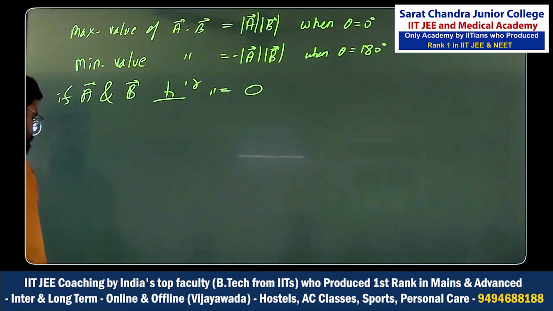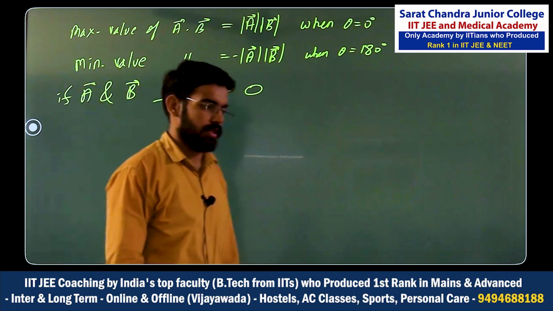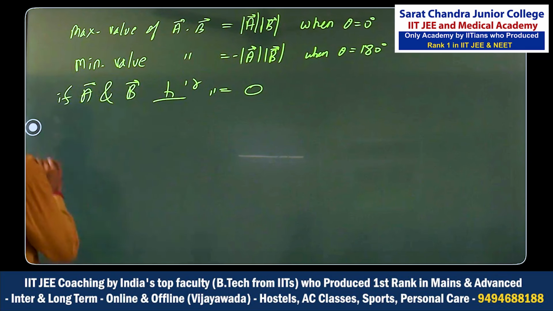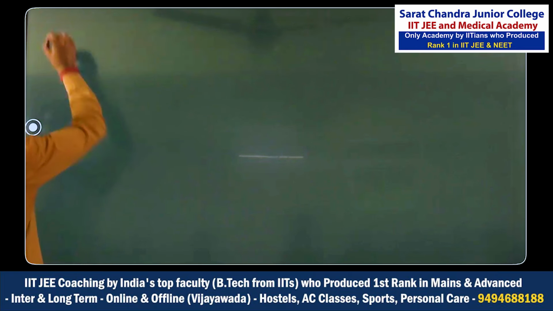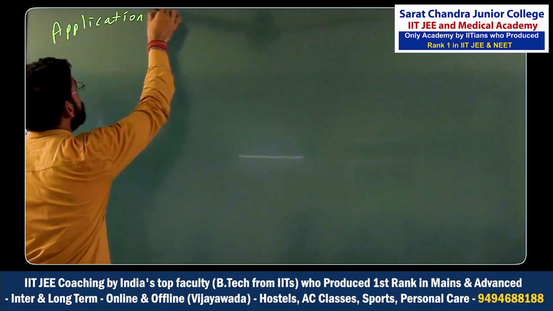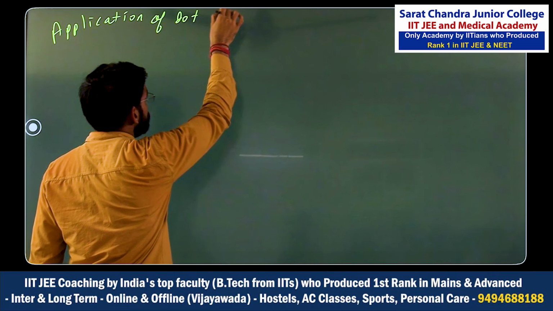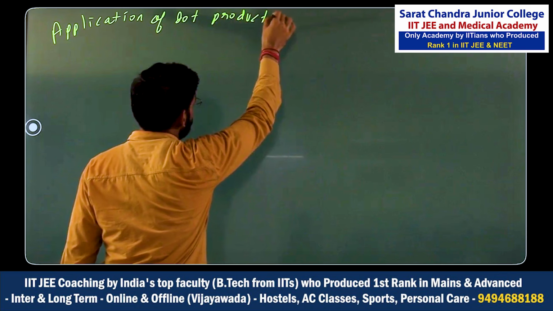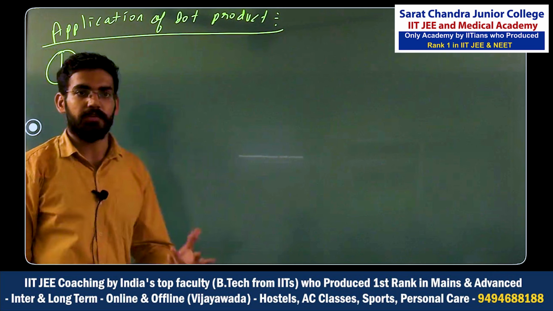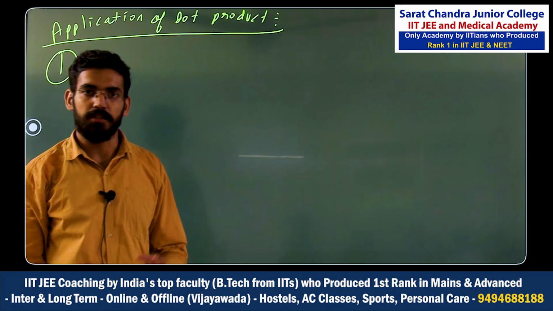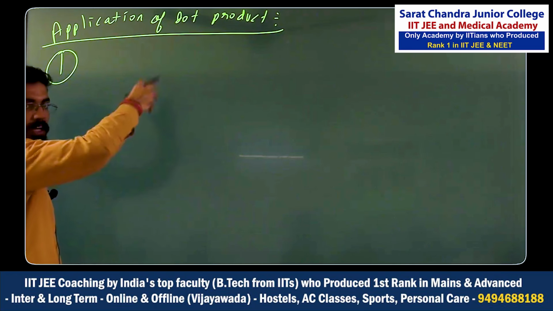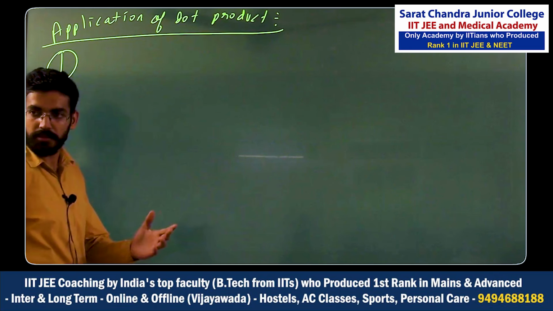Next, we can talk about applications of dot product. So where can we apply the dot product? First one is that if you want to find the angle between any two vectors, given in component form I cap, J cap, K cap, you can find the dot product, right?